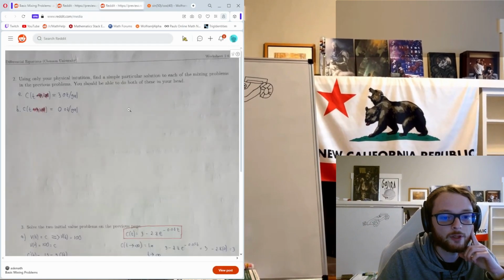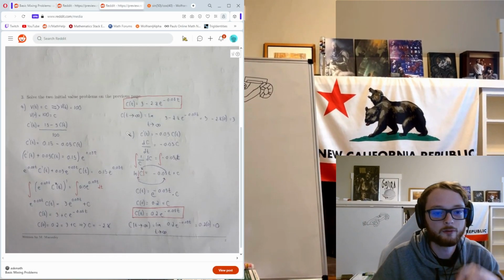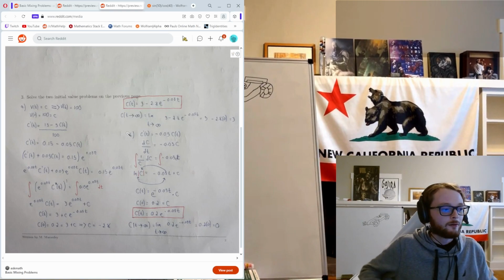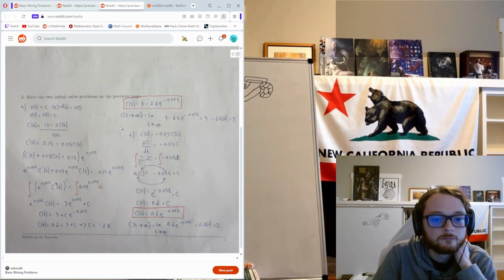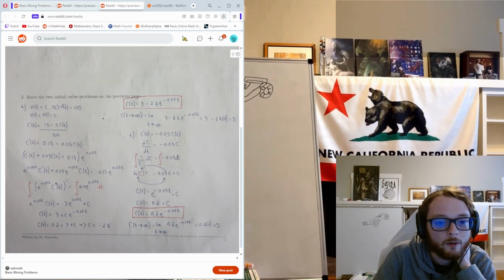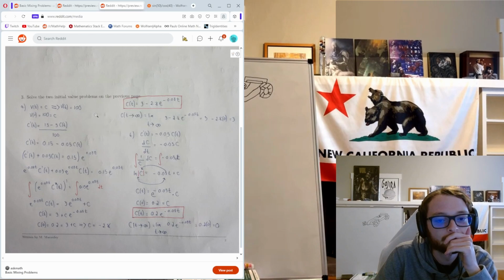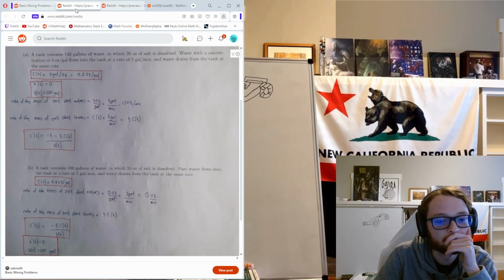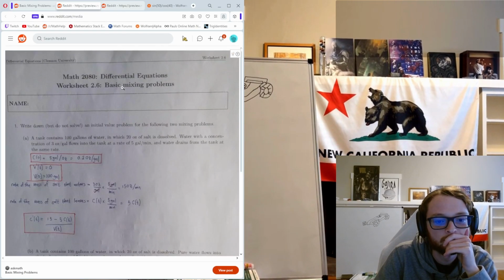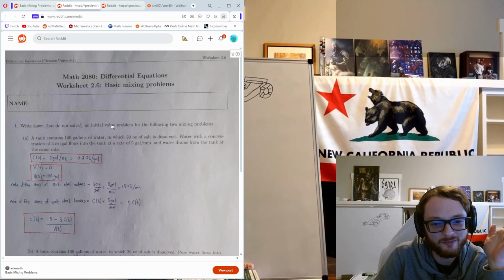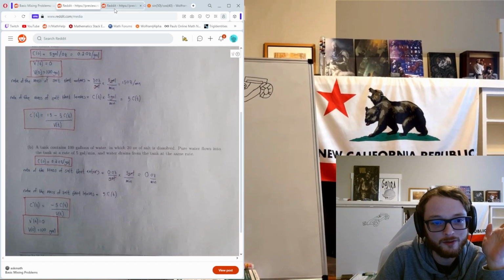Okay, then let's check their work for 4 or 3, same thing. Solve the two initial value problems on the previous page. Wait, one says to make an initial value problem already.